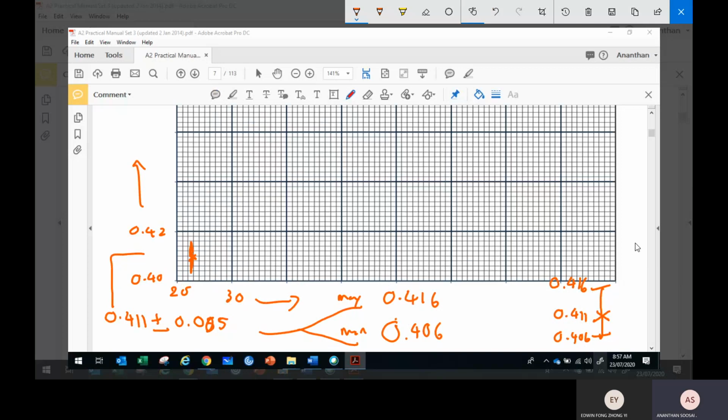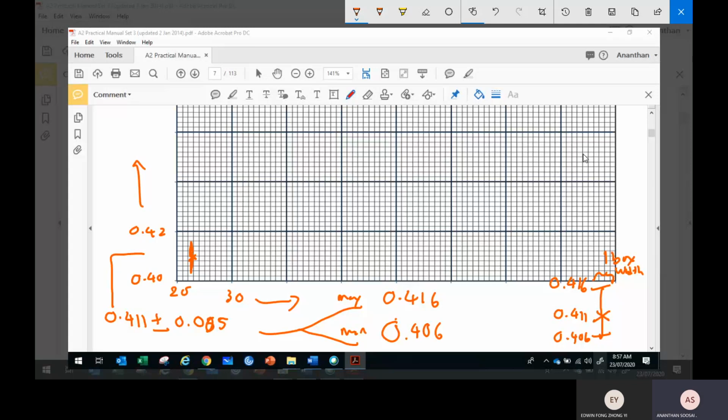The shape of the error bar must be in form like an I. And the horizontal line here, you can go up to one small box of width. The horizontal line of the error bar, just one small box.